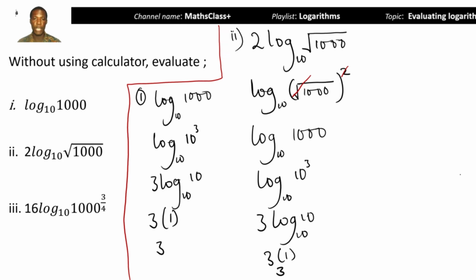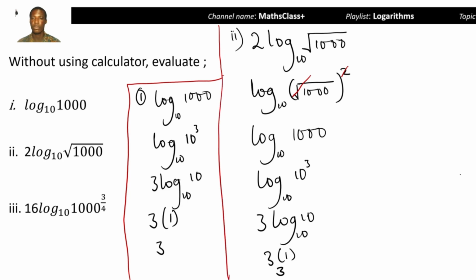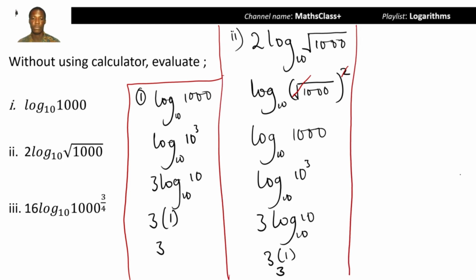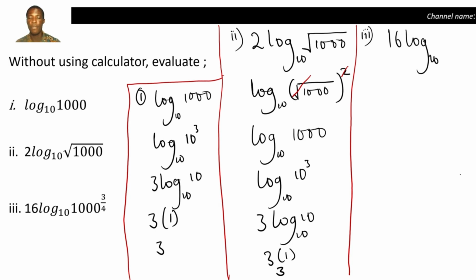The third one, we have 16 times log to the base 10 of 1000 to the power a fraction with numerator 3 and denominator 4.